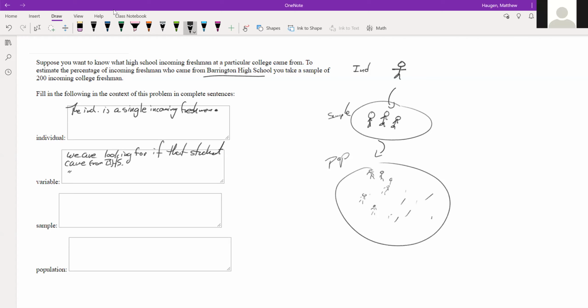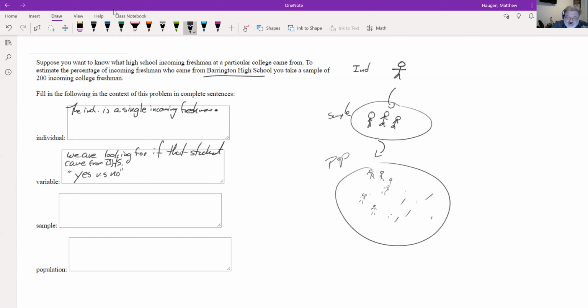Yep. Barrington High School. And essentially our variable is a yes versus no question, or Barrington High School or other. There's only essentially two possible answers, either yes, they fall under our category, or no, they don't.